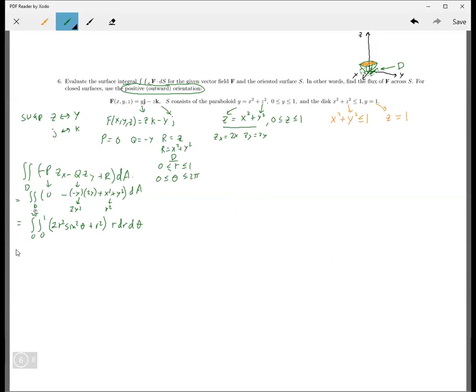Now we have 2r cubed sine squared theta plus r cubed dr d theta. You integrate with respect to r, and we have r to the 4th over 4. Basically, the overall effect after you do that is going to be to put a 1/4 out there.